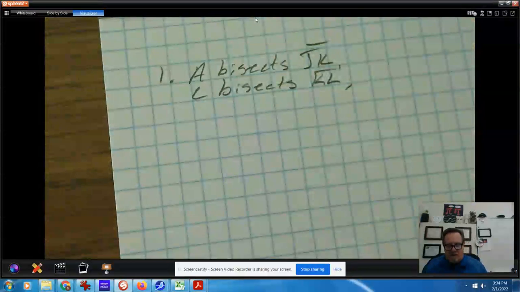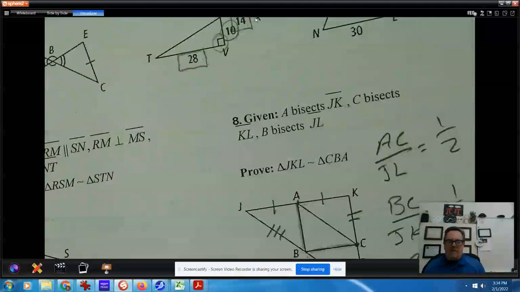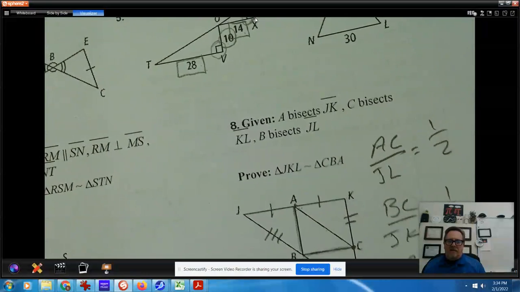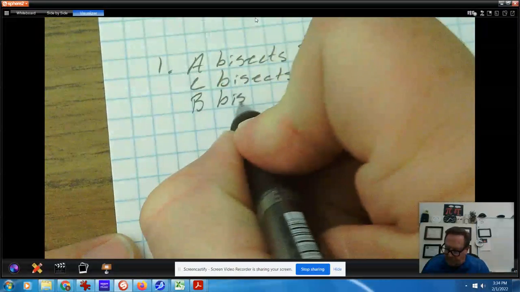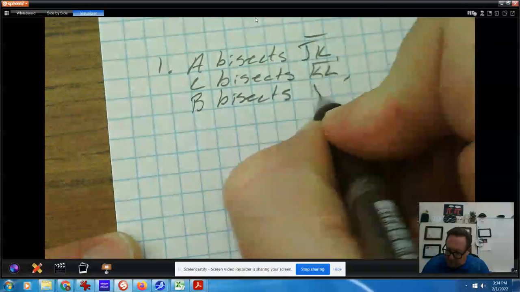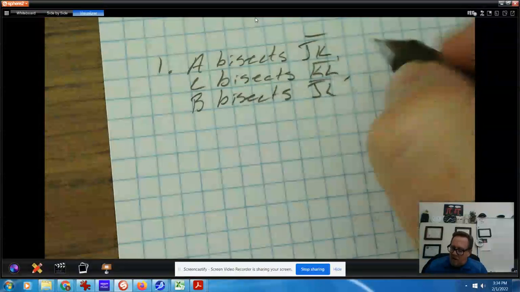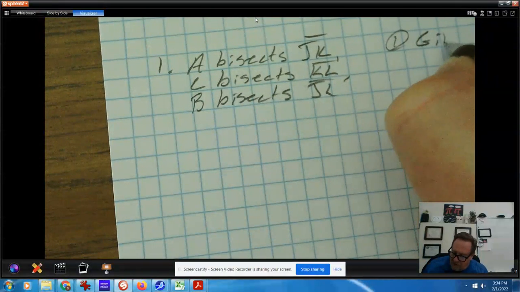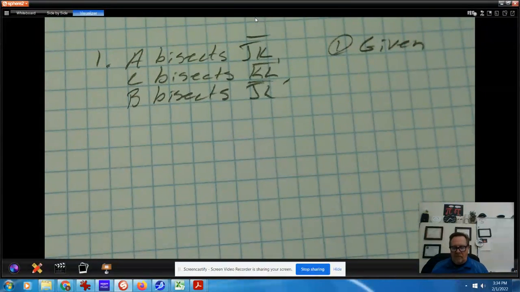And at the same time, again, these are the ones that are the givens in here, right? B bisects JL. And all of those are given. So I'm just going to list all my givens right up front.